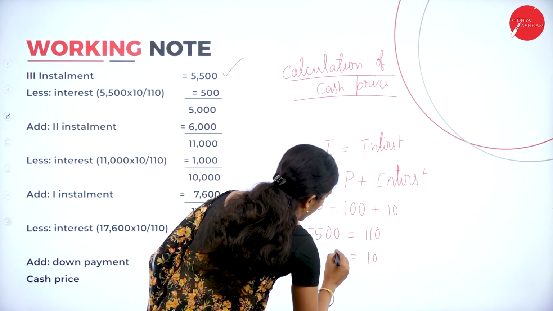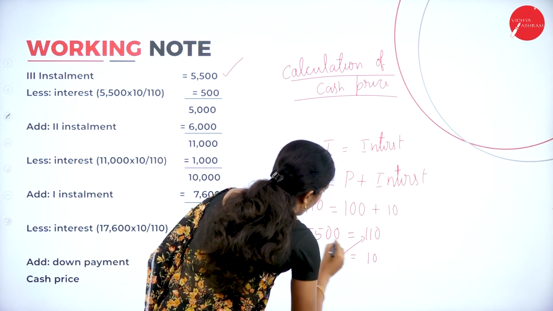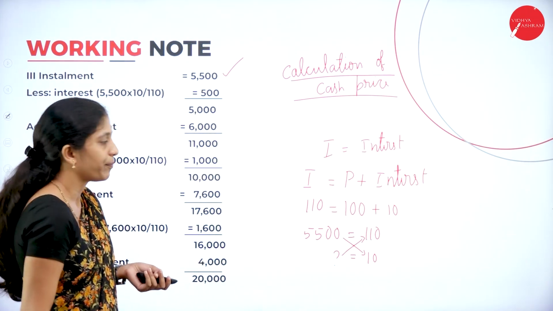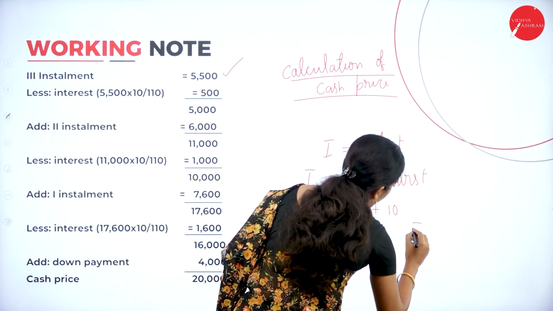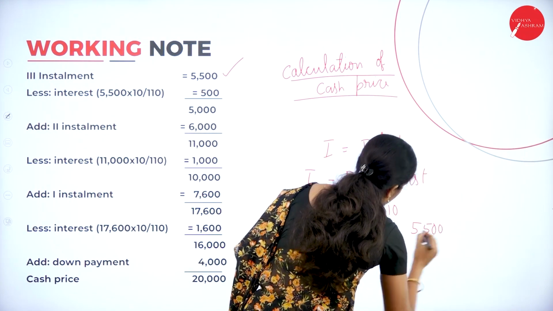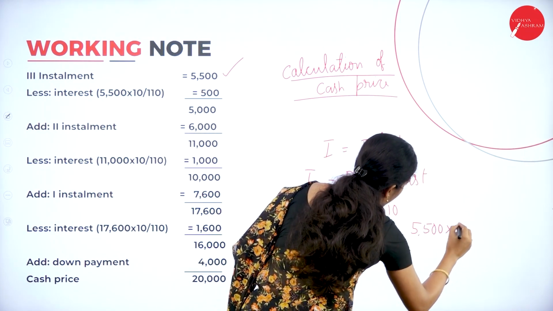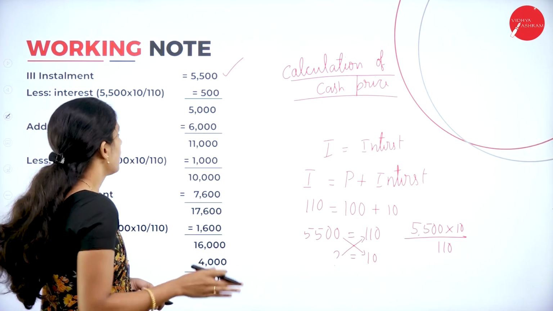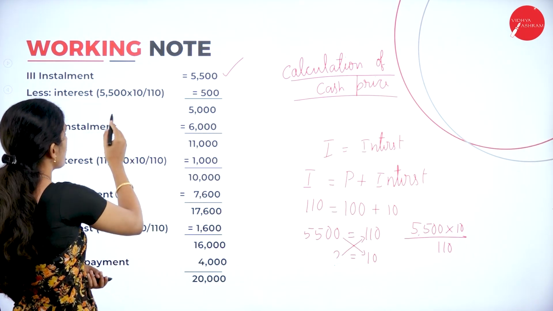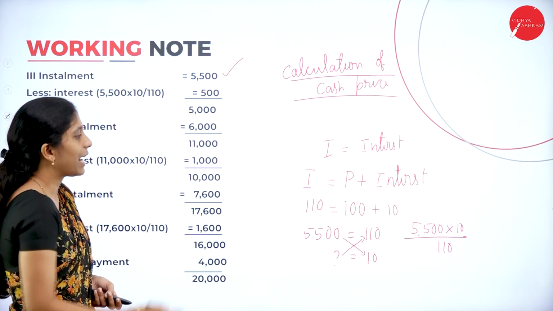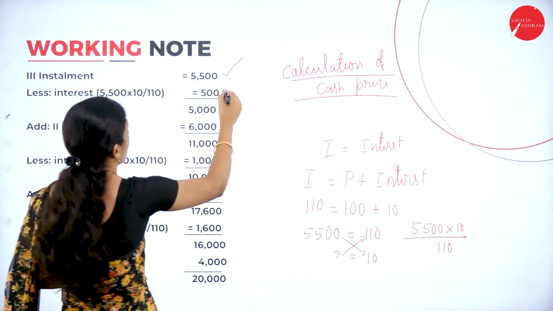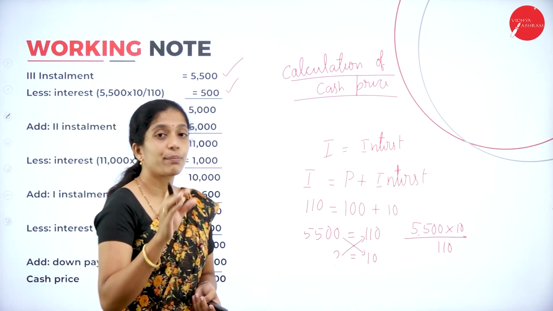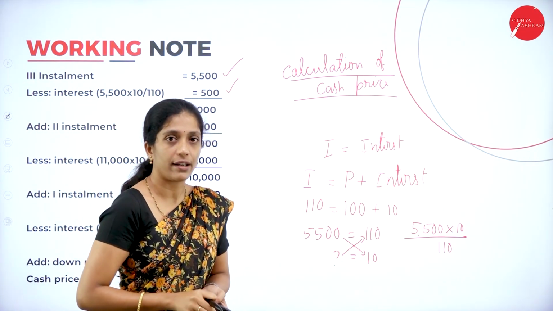So, 5,500 into 10 divided by 110, and you'll get 500. This is why we are dividing it by 110, because it is inclusive of interest.